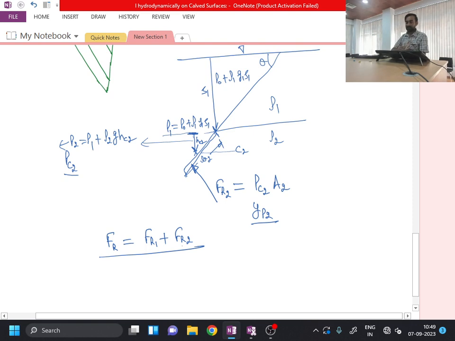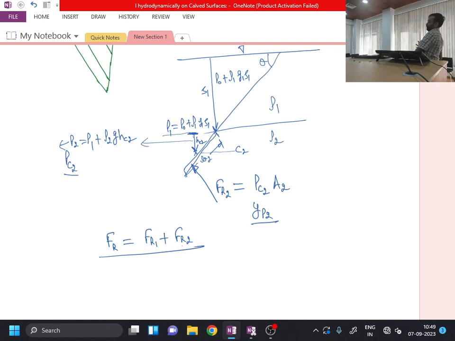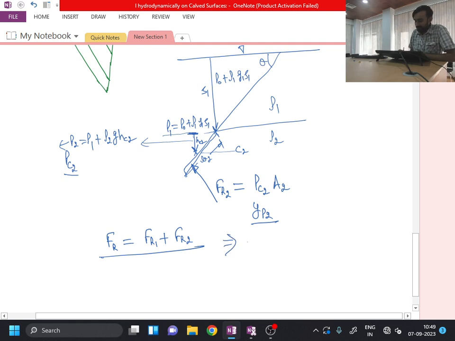Because the direction of both Fr1 and Fr2 is the same, and these forces are parallel to each other. Okay, so as they are pointing in the same direction, by using vector algebra I can simply write that the net resultant force Fr will be equal to Fr1 plus Fr2.